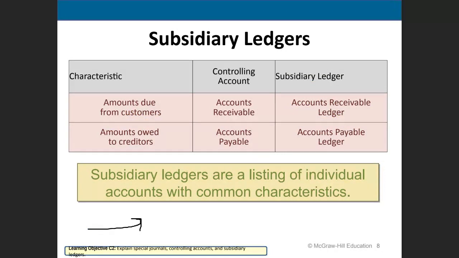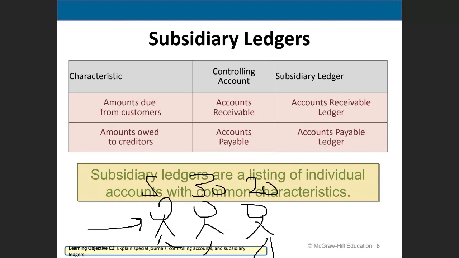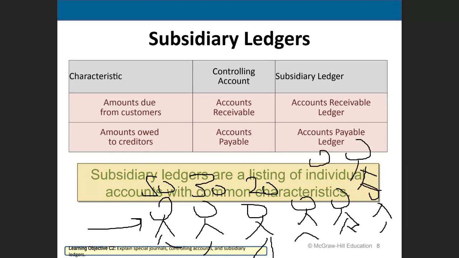They sell to multiple customers at the same time on credit. For example, this customer purchased for 20, 30, 50, and so on. They have many customers, and every customer will have to pay at some point in the future.